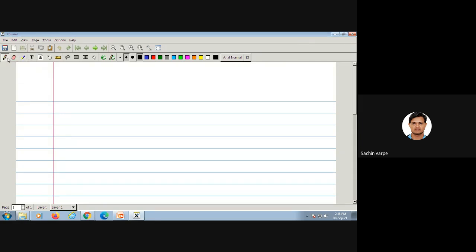Once again, good afternoon, everyone. We are discussing solutions of linear differential equations with constant coefficients, which is in standard form phi of D into y equals a function of the independent variable on the right hand side.